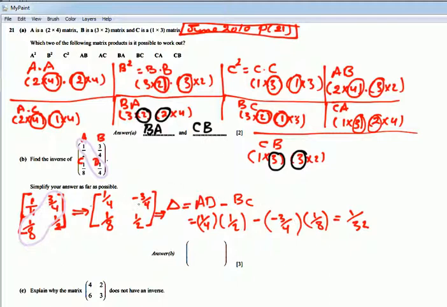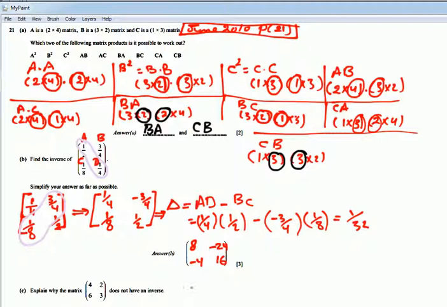Using your calculator, the results will be 8 here, negative 24 here, negative 4 here, and 16 here.